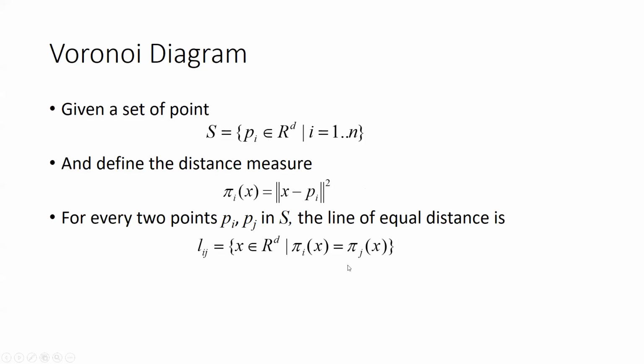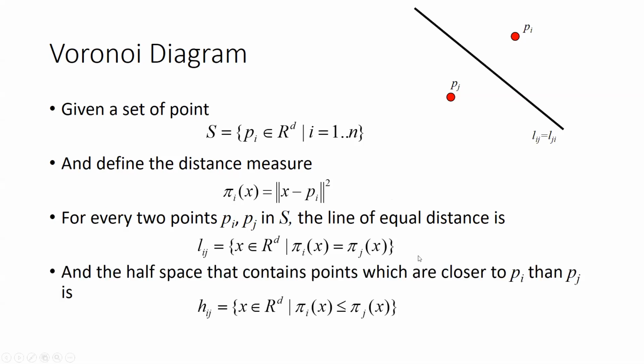And that should be our perpendicular bisector. That means the set of points with equal distance to Pi and Pj will be the perpendicular bisector of this. And this line will actually divide the two points, there's Pi and Pj. And this is the line of common distance.